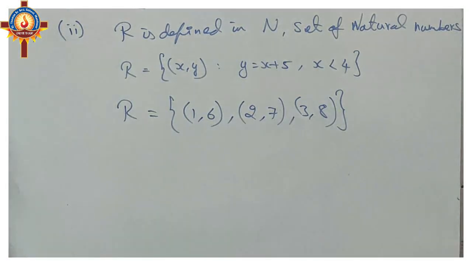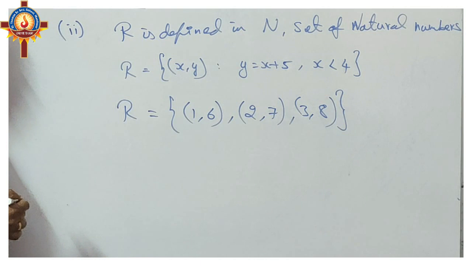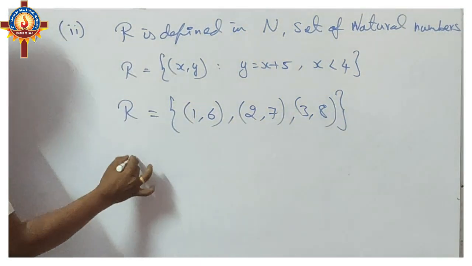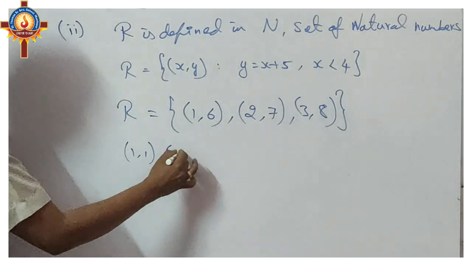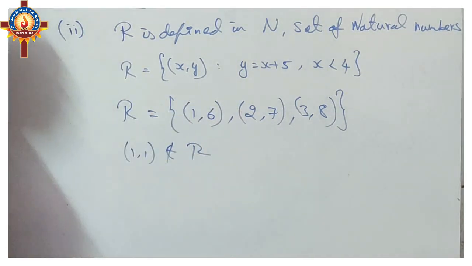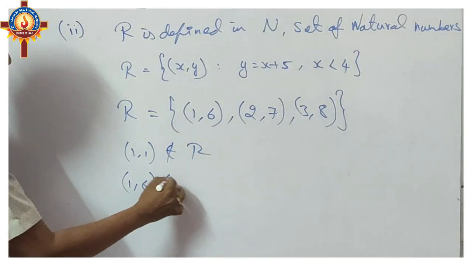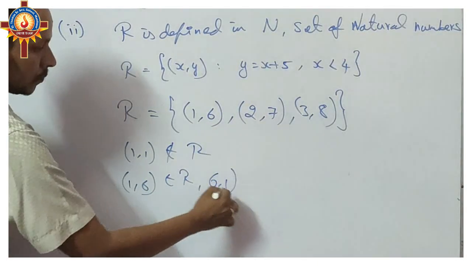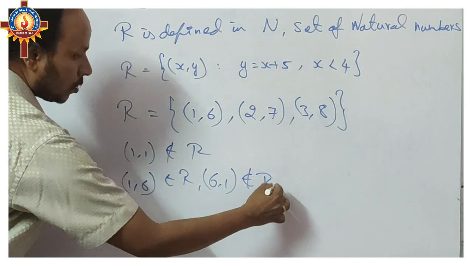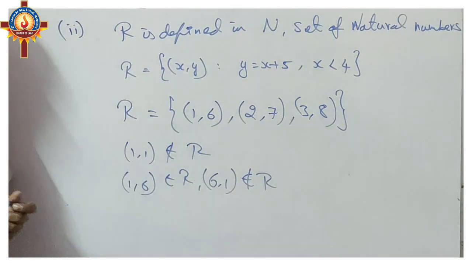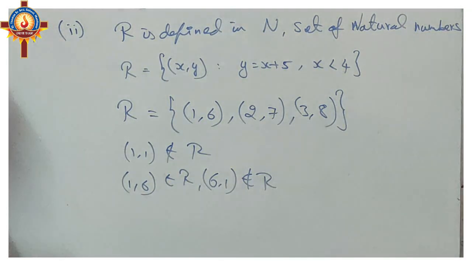So only these three ordered pairs belong to the relation R. So clearly we can see, just like the previous question, 1 comma 1 does not belong to R, and R is not reflexive. 1 comma 6 belongs to R, but 6 comma 1 does not belong to R, and this says that R is not symmetric.